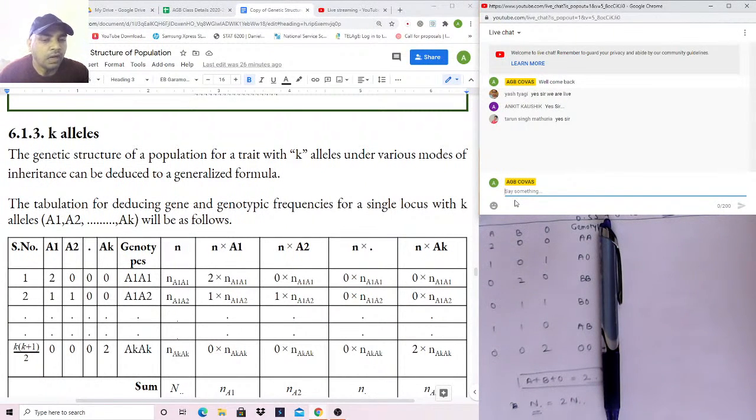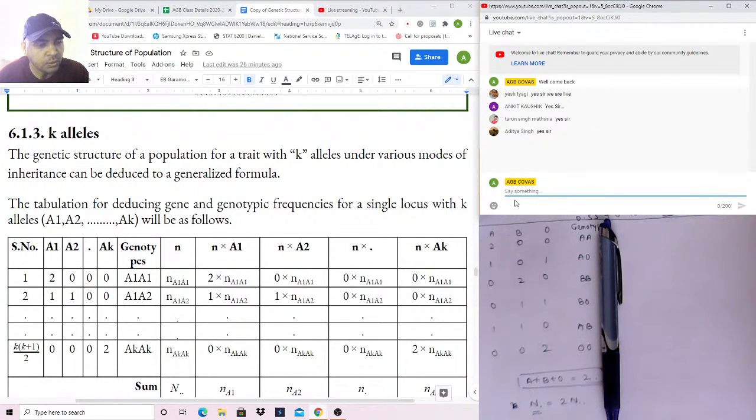So now we have completed our exercise for two alleles and three alleles. Now we will try to extend that knowledge for, say for example, k alleles.